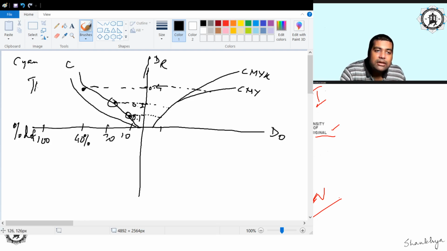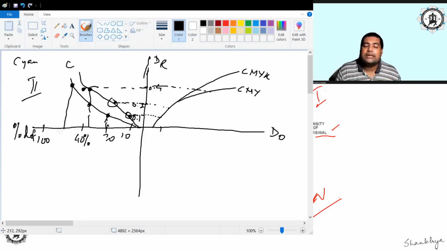The second quadrant plots the data of what printing dot percentage is required to produce a certain density. Let me put it this way: the data in the second quadrant is plotting, for each plate, that means for the cyan plate first, for what dot percentage will I get this particular density, and for what dot percentage will I get a magenta density of this much, right?